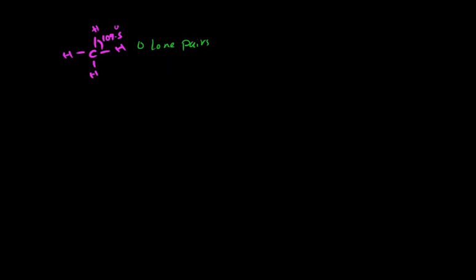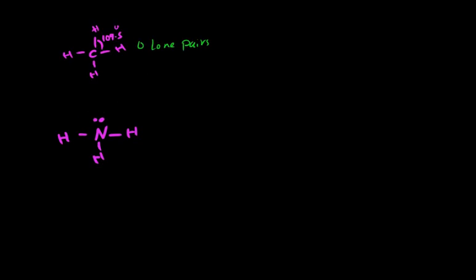But what if we have 1 lone pair? An example of 1 lone pair is NH3. Let's draw it, with nitrogen and 3 hydrogens. We know that nitrogen has 5 valence electrons, so if it bonds with 3, it will leave 1 lone pair.